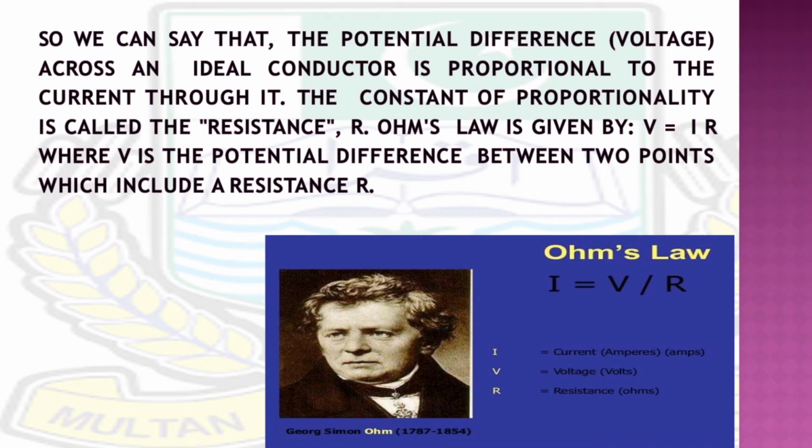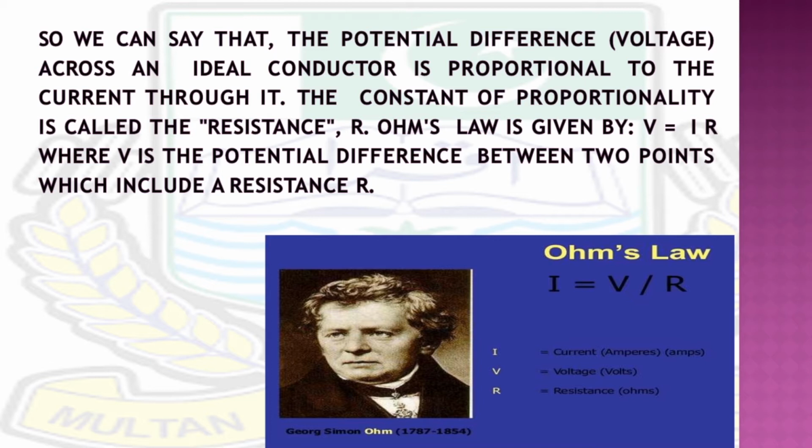So we can say that the potential difference, or you can say voltage, across an ideal conductor is proportional to the current through it. The constant of proportionality is called the resistance.